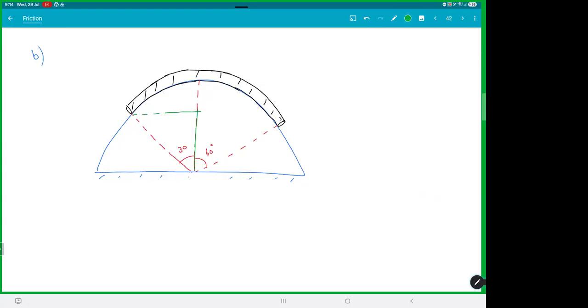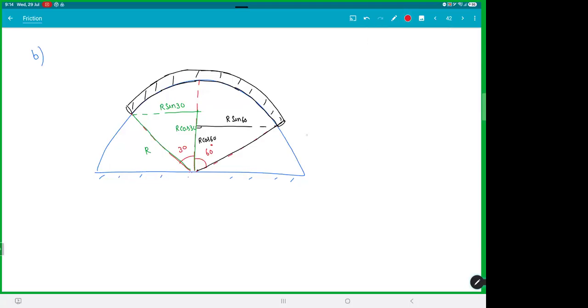So this height here will be, this is the radius r. This will be r sine 30. This will be r cos 30. This will be r sine 60. This will be r cos 60.